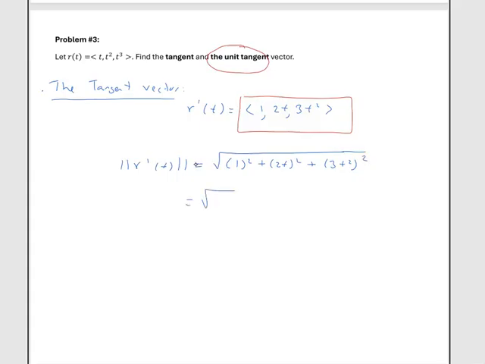So we're going to end up with the square root of 1 plus 4t to the second plus 9t to the 4th power.